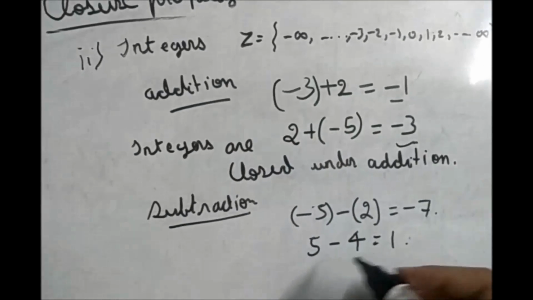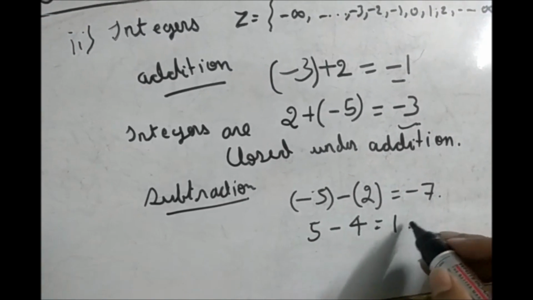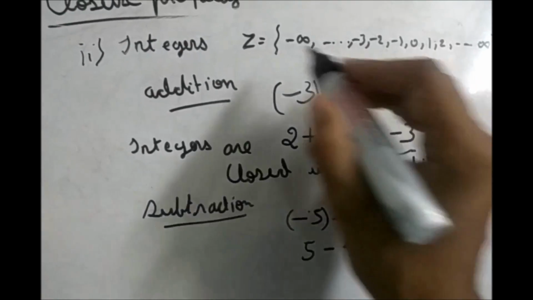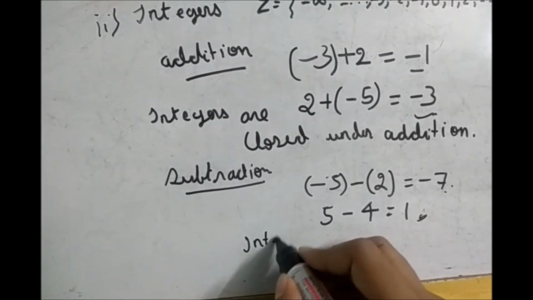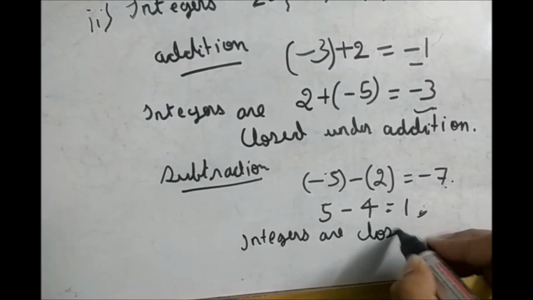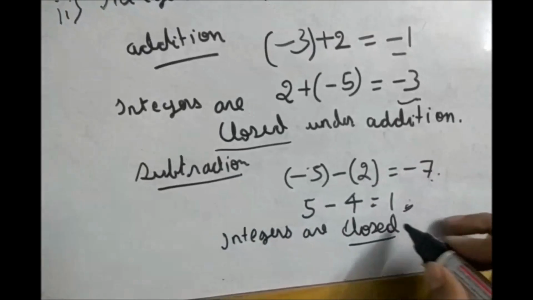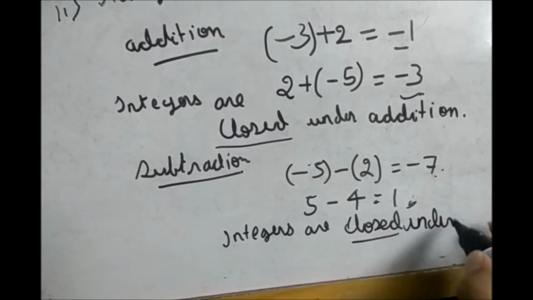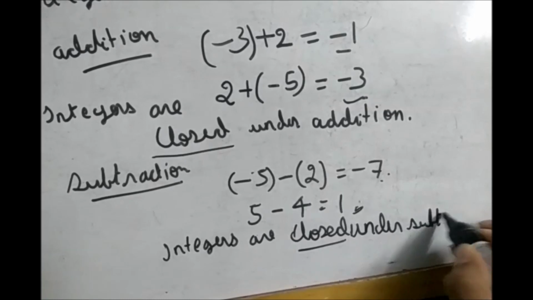Any elements can be subtracted and we get elements which are present in the set of integers. So we can also conclude that integers are closed under subtraction.